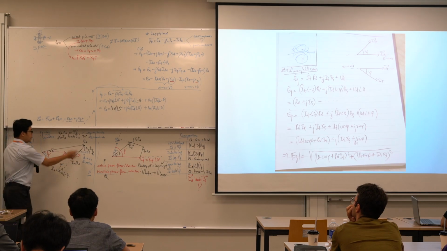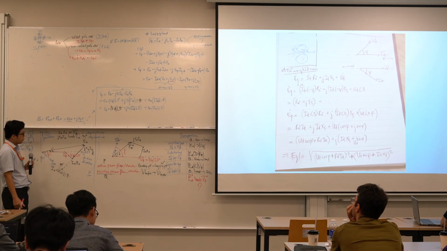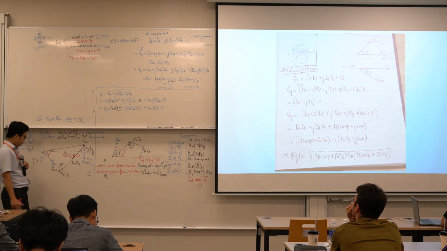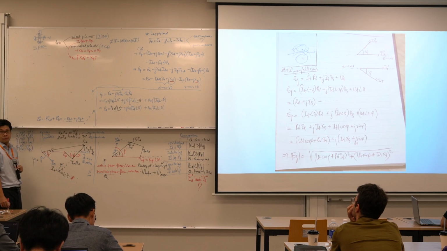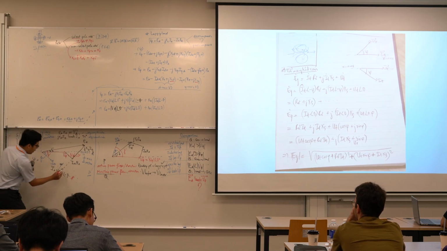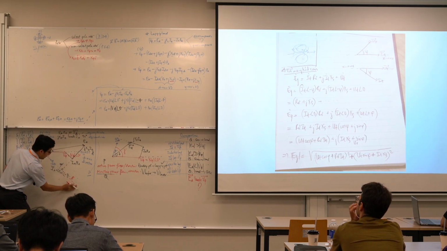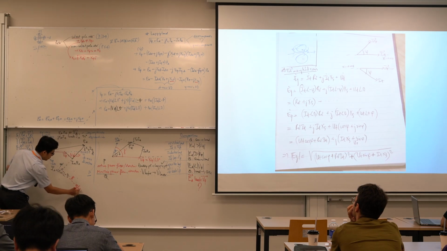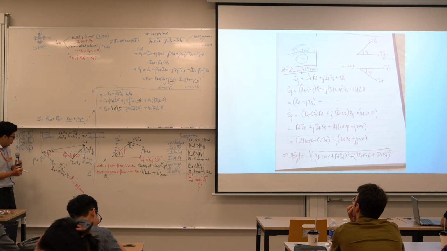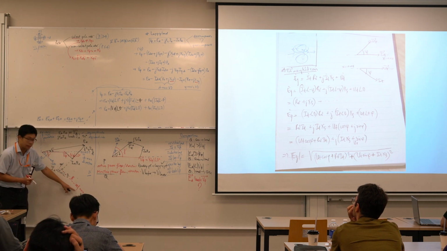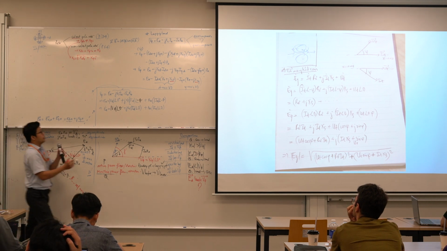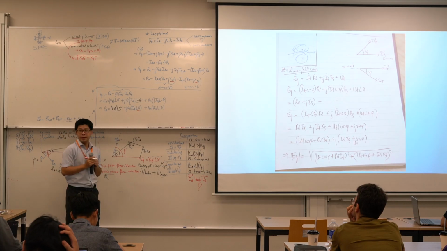Now I don't want to stay here because I am free. So I stay here. Now I choose this one as the reference axis. So IA is in the same direction as the reference axis, so IA now becomes 0 degree.